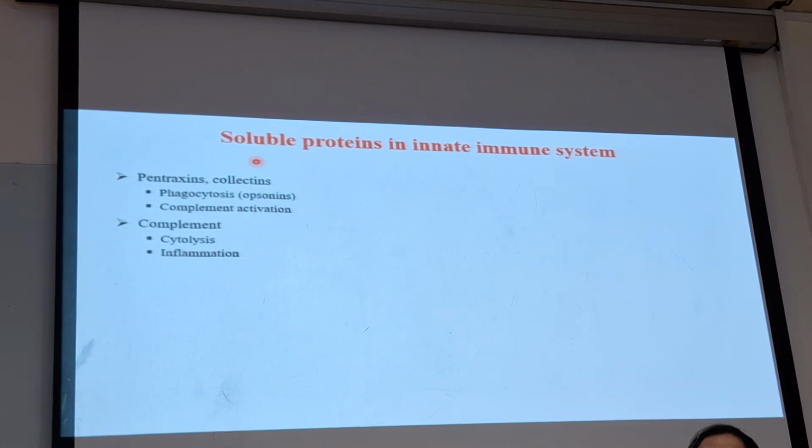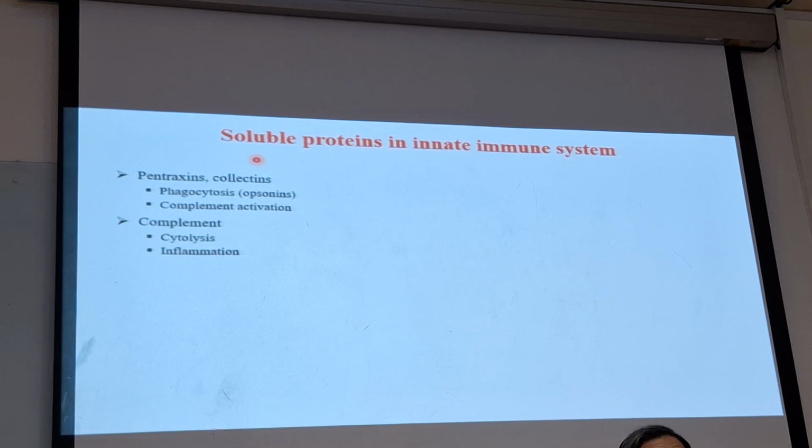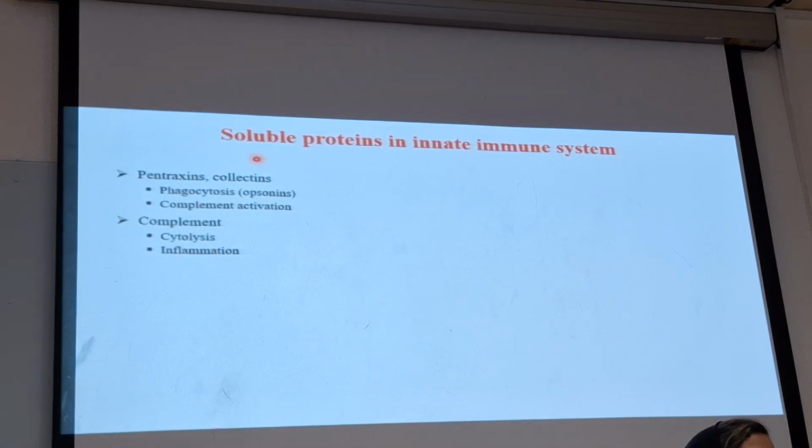Opsonization means the opsonins bind to their ligand on the surface of the pathogen, make it delicious, and after that the innate immune cells start phagocytosing it. Antibody is a kind of opsonin, and collectin, mannose-binding lectin, and CRP are all opsonins for our innate immune system.